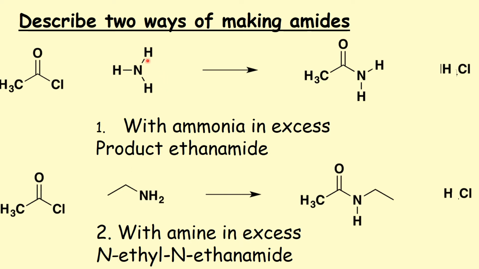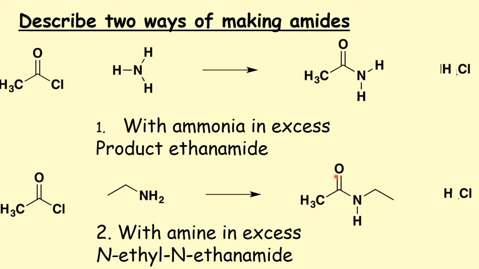The other way of introducing that NH group to make an amide is by reacting an acyl chloride with an amine. In this case, it's a primary amine. So that's the second way. And if you have an excess of the amine or an excess of ammonia, you get the amide. In this case, at the bottom, remember to count carbon atoms.